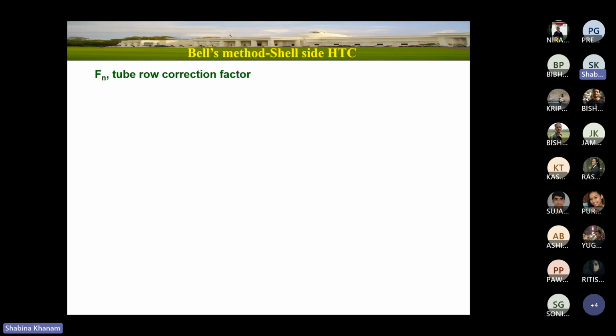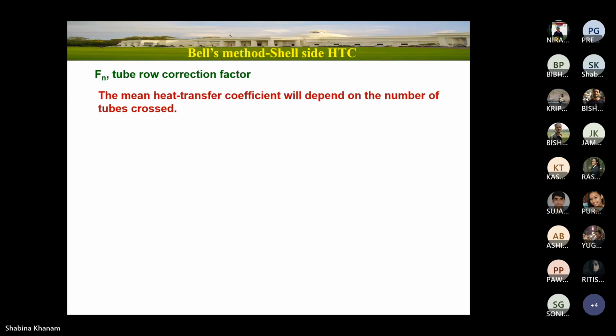First of all, we have Fn, the tube row correction factor. It basically counts the cross flow zone, the complete cross flow zone.